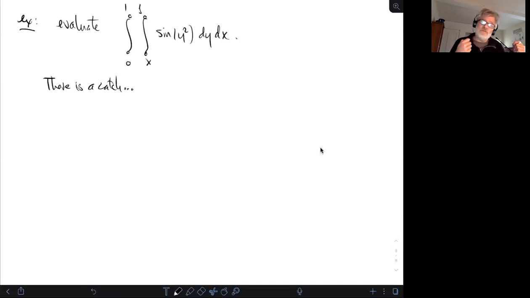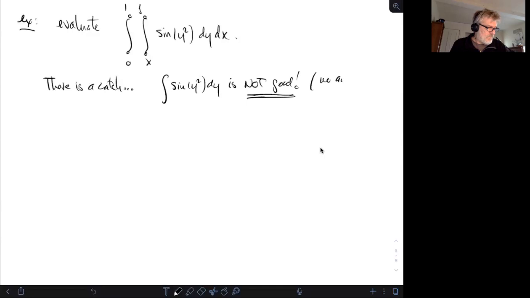If you remember integration by substitution, what's missing when you want to integrate sine of y squared? There's this y squared inside the sine. What you need outside as a factor is y, right? So this is not good. Okay, so no antiderivative.